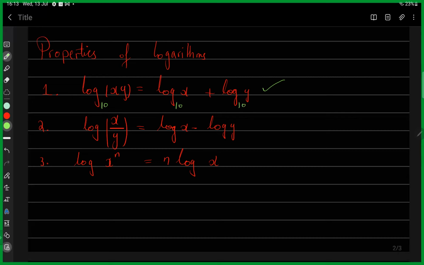Base could be A and A, or B and B. The idea is if we have two numbers being multiplied within one log, we can write it as a sum, log x plus log y. Similarly, if you have two numbers being divided, I can write it as a difference, log x minus log y. And if I have power n, this power can be multiplied here.